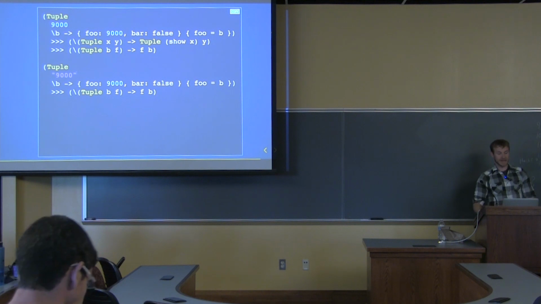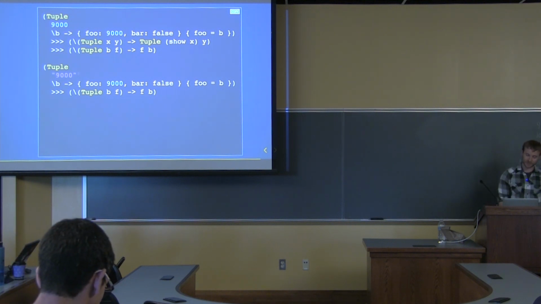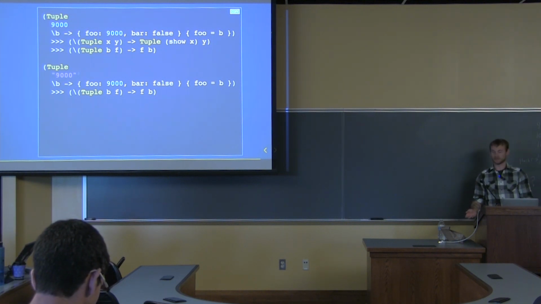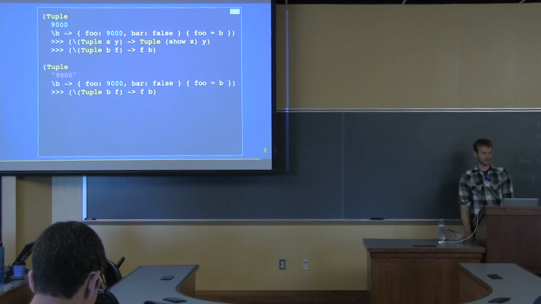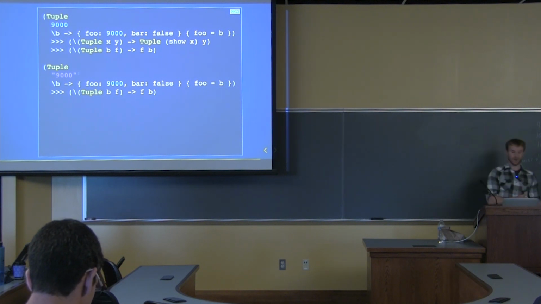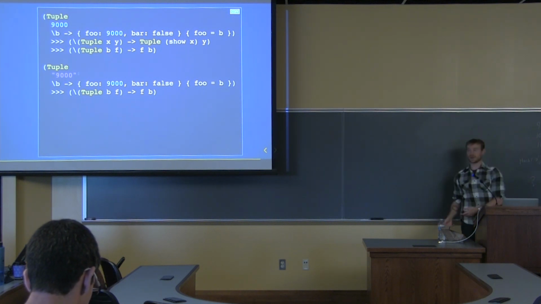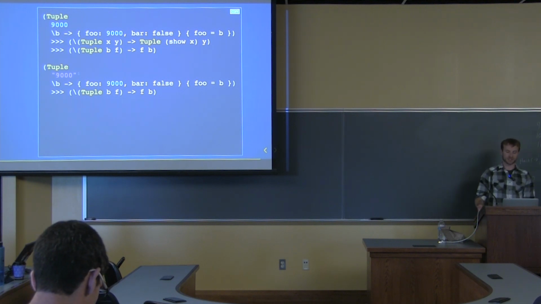And so the result of that is a tuple where the first element is string 9,000, and the second element is still our same function. That wasn't touched in that process. And now the last thing that we do is we take that tuple and we pass it into this third function. What that third function is going to do is take the second element, which is a function, and apply it to the first element.